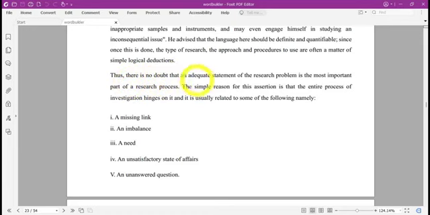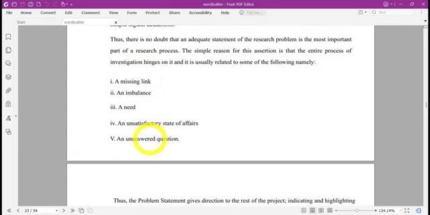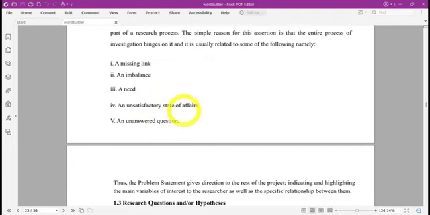There is no doubt that an adequate statement of the research problem is the most important part of a research process. The simple reason for this assertion is that the entire process of investigation hinges on it, and it is usually related to some of the following, namely, a missing link, an imbalance, a need, an unsatisfactory state of affairs, an unanswered question.